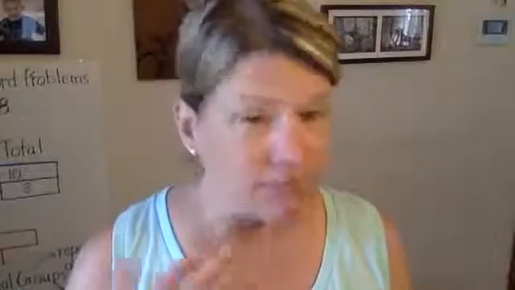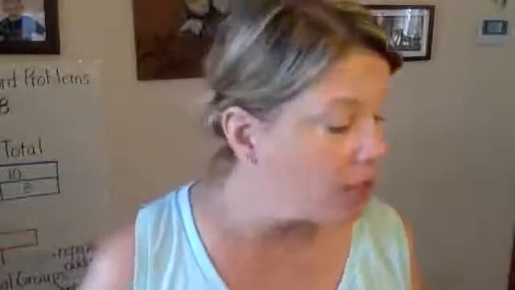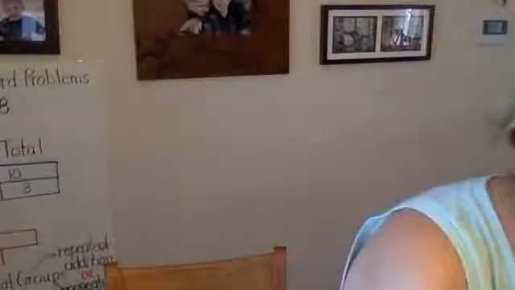Just remember that when you have one of each, that doesn't necessarily mean that they're the same size, right? And also, when I took half, I'm going to try to show you this.